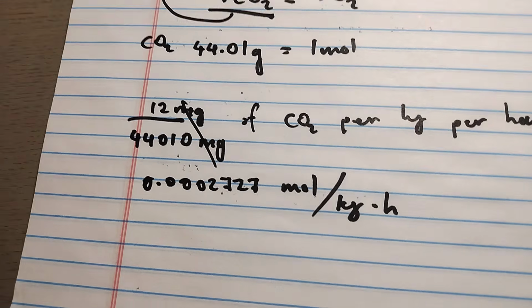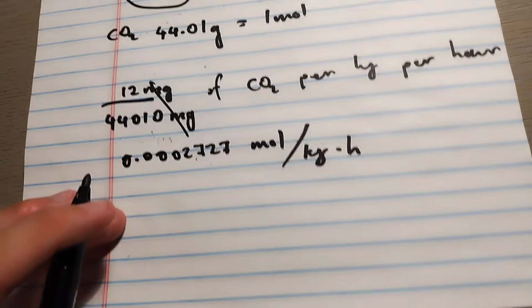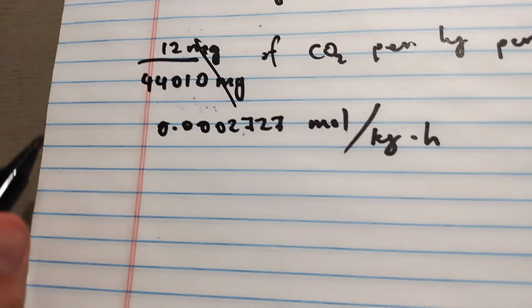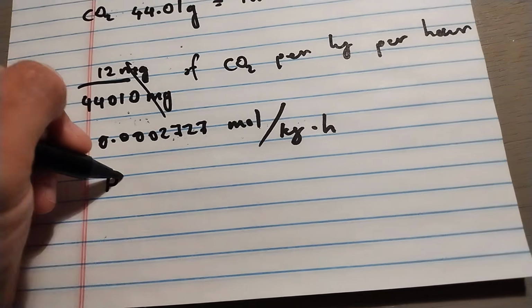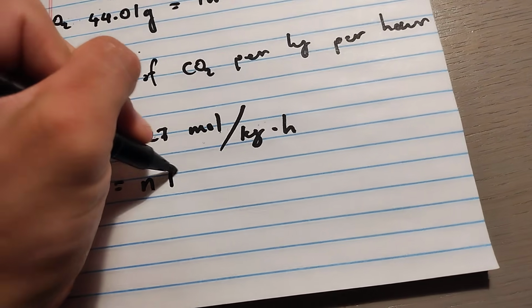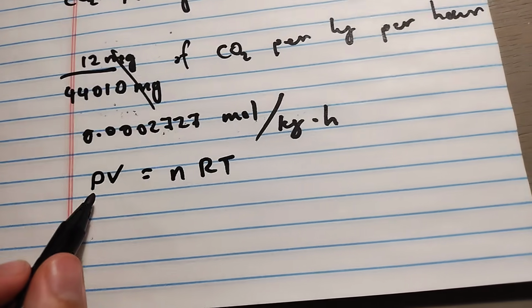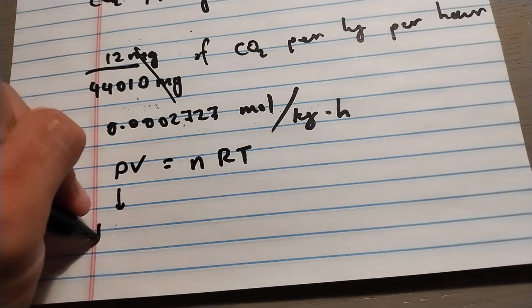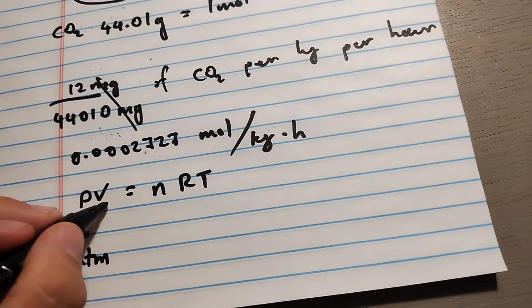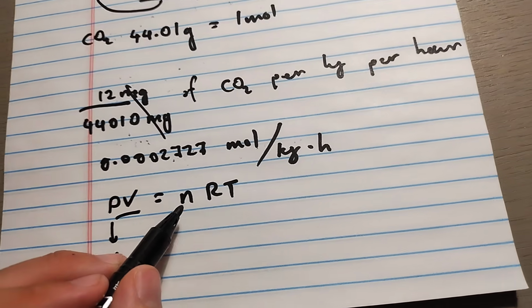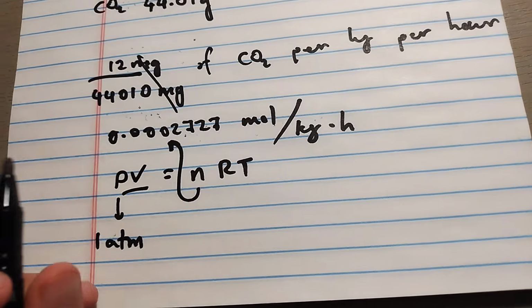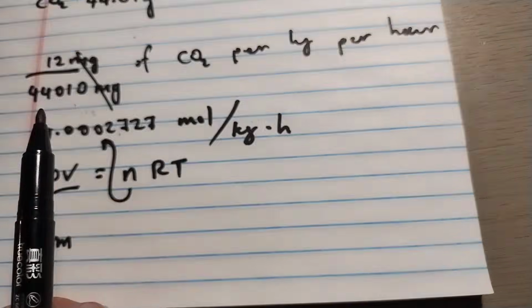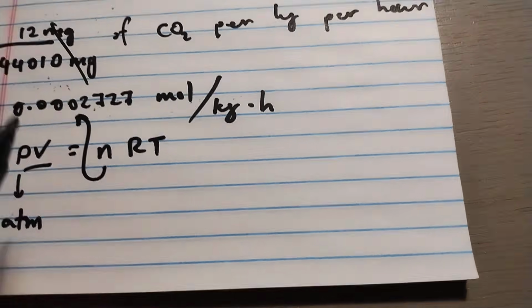Alright, and now we can use the ideal gas law to find the volume. We have the equation PV equals nRT. Well, P is pressure. We'll keep that at 1 atmosphere. V is what we're trying to solve for. N, that's the number of moles, which we just calculated that an orange produces per kilogram per hour.